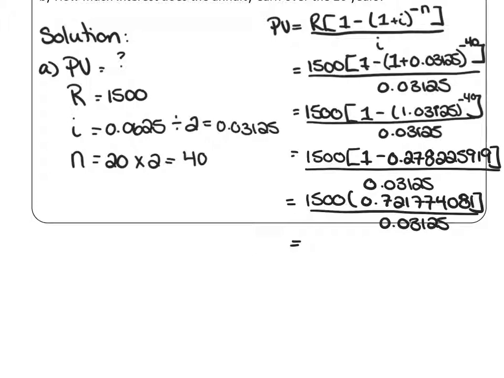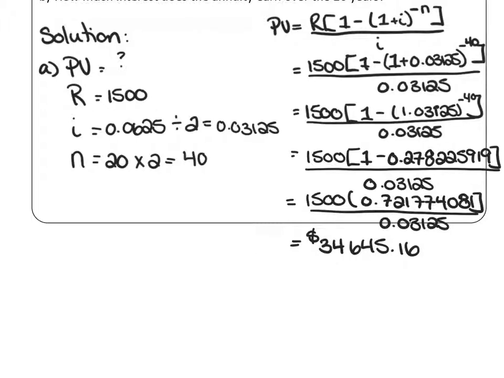Divided by 0.03125, and I get $34,645.16, because this is the step where we can actually round.